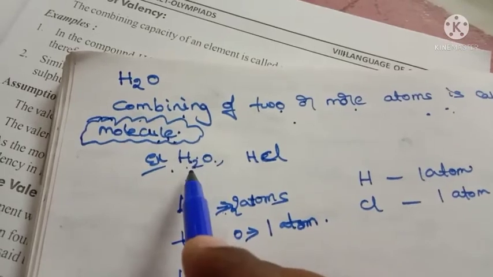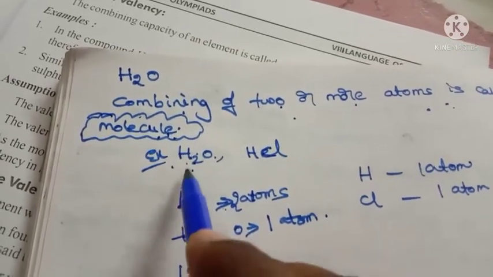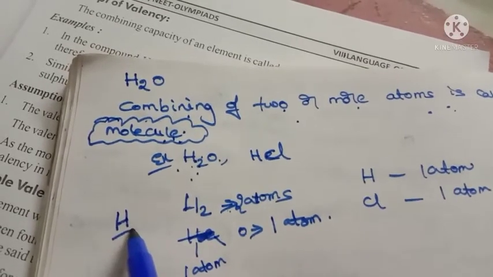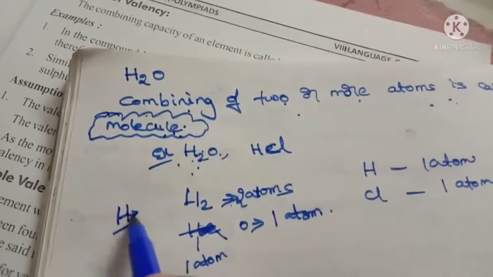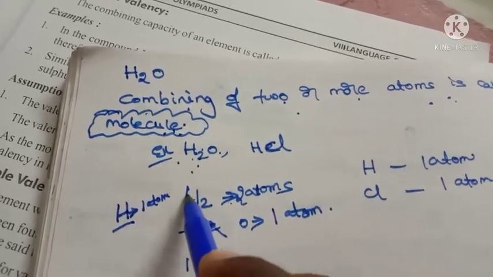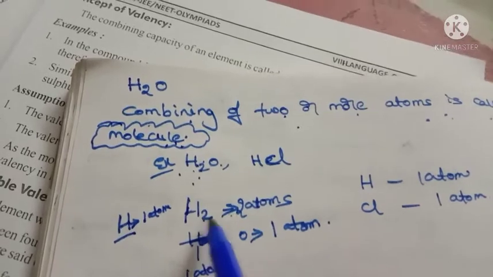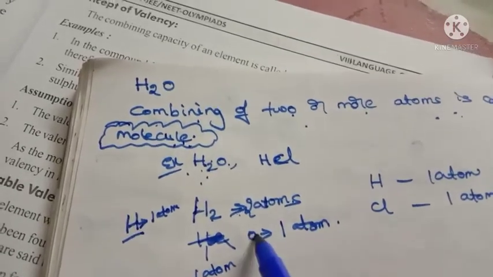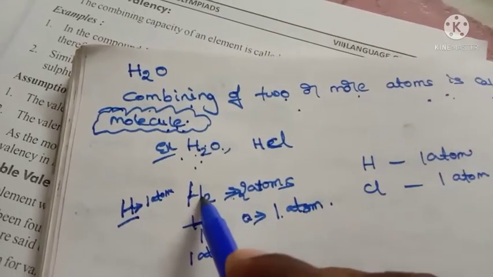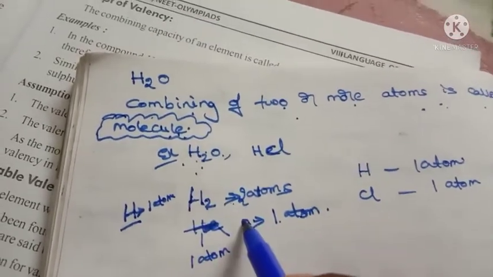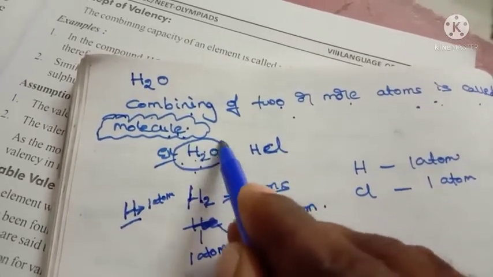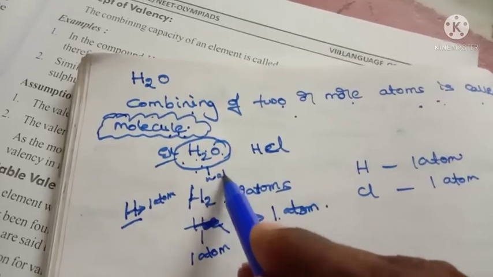See here, example H2O. Here H is a symbol, representing 1 atom. If I take H2, it is representing 2 atoms, and O, that is oxygen, is representing 1 atom. Like this, 2 different atoms are combining, that means it represents 1 molecule of water.